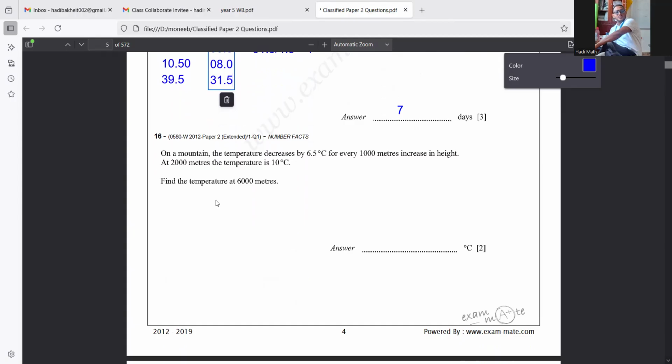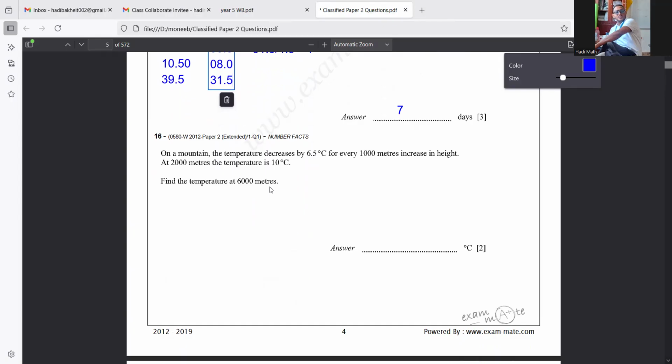We say on a mountain, the temperature decreases by 6.5 Celsius every 1,000 meters increase in height. At 2,000 meters, the temperature is 10 Celsius. Find the temperature at 6,000 meters.